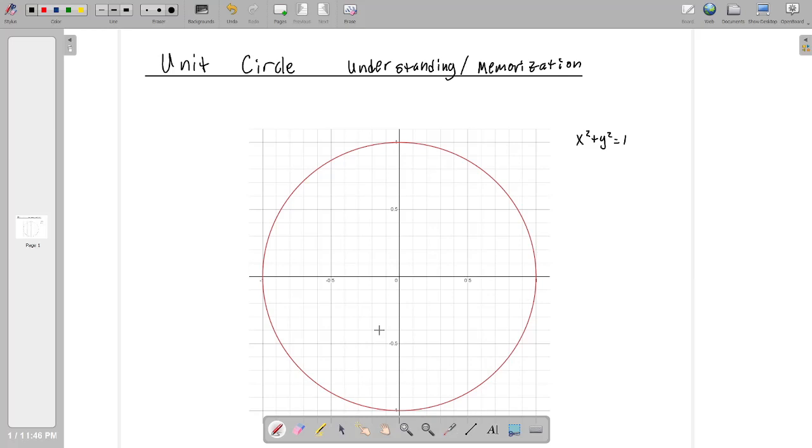Now, there's a few things that we should know already about the unit circle. First of all, we should know where pi is on the unit circle. Pi is the same thing as 180 degrees, the distance from the point 1, 0, all the way around the unit circle to the point -1, 0. This is pi radians.